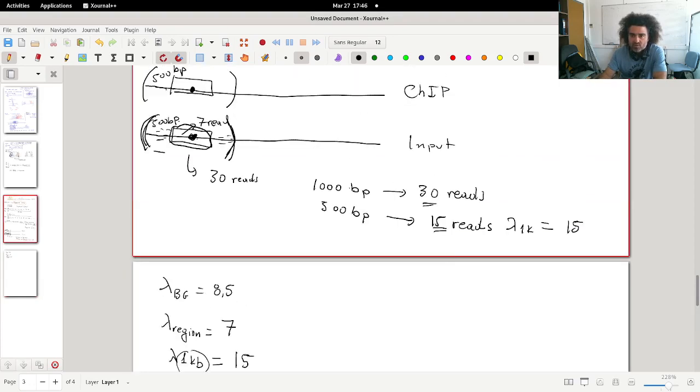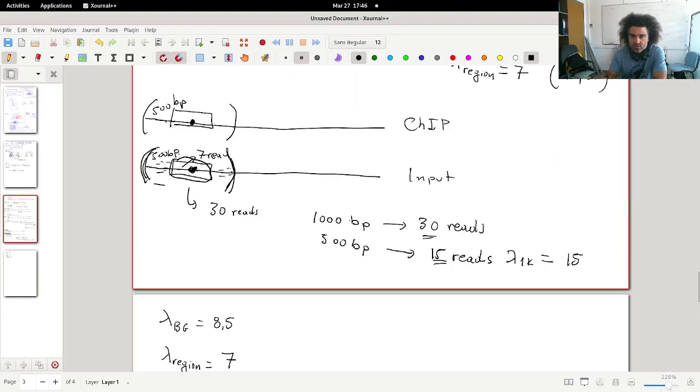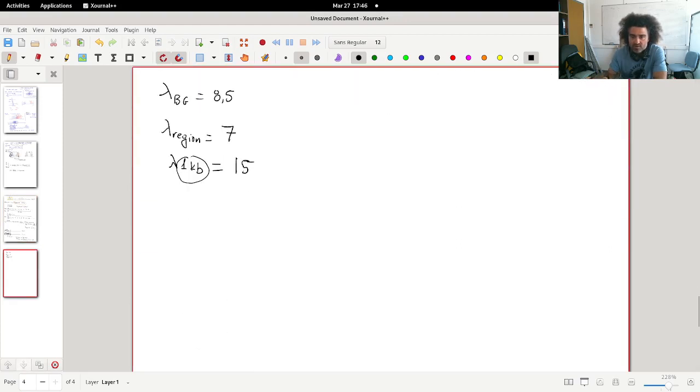Okay, and we do the same process with two other regions. One will be 5000 base pairs, so we should go further. Now let's say that in this 5000 base pairs we would have 100 reads. This would mean that in 500 base pairs we have 10 reads on average, which means that the lambda 5k would be 10. And we do the same for a region also of 10,000 base pairs.